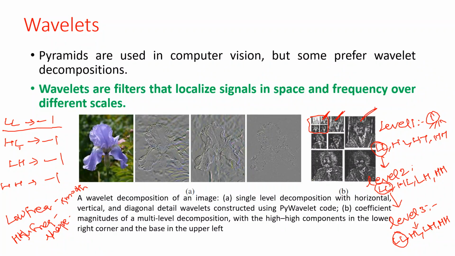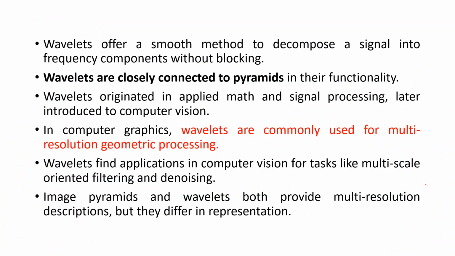In the next level we will consider the same image and divide it into the next level. This is known as multi-level decomposition, and it is closely connected to pyramids. It can be applied in computer graphics and computer vision tasks, and it is used to provide a multi-resolution or multi-level representation.